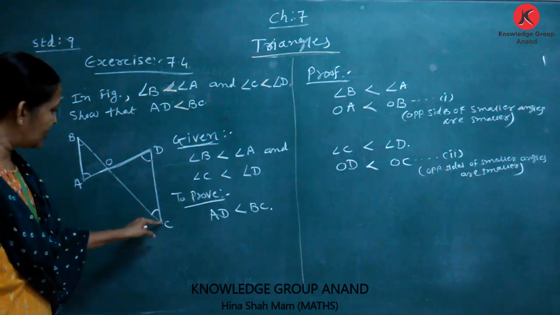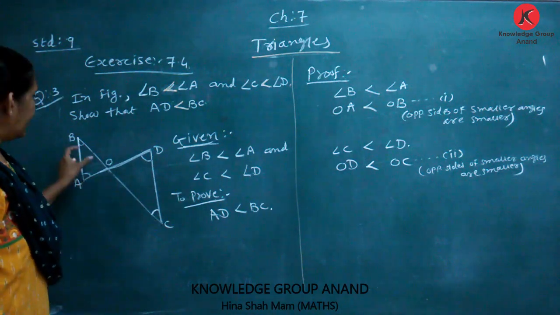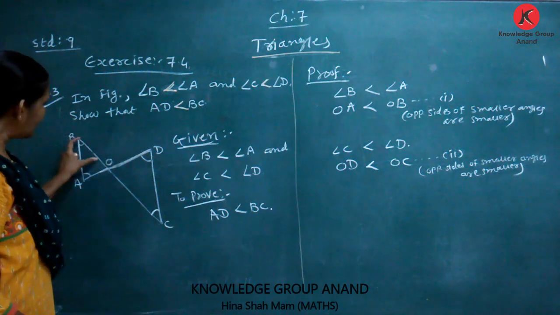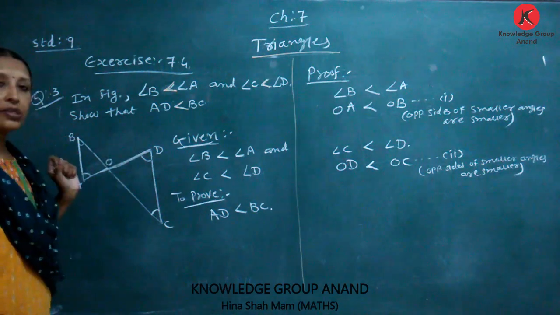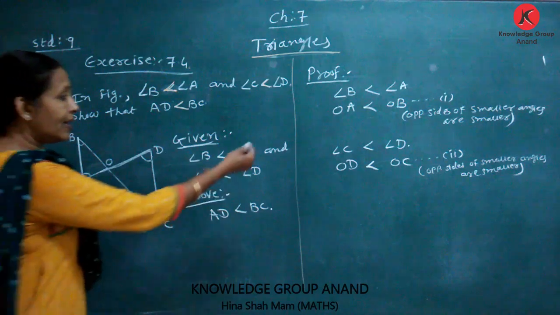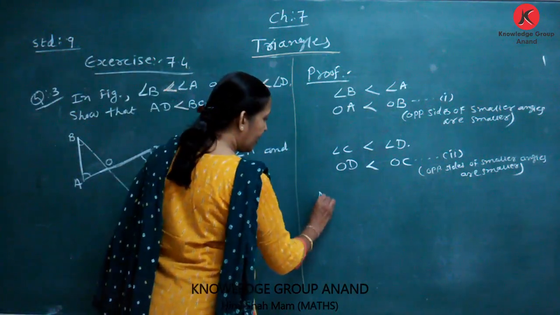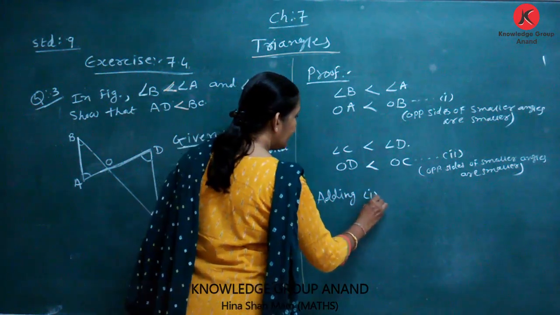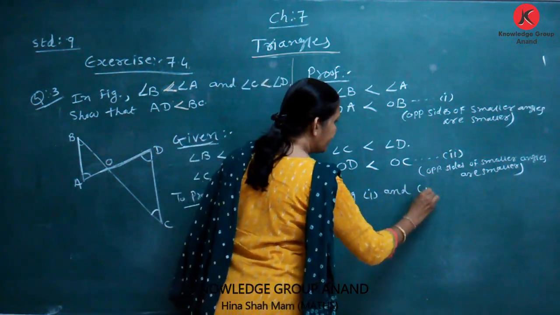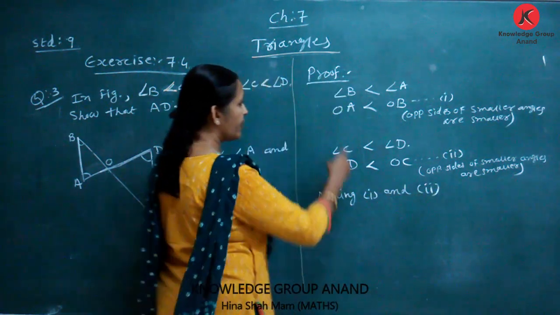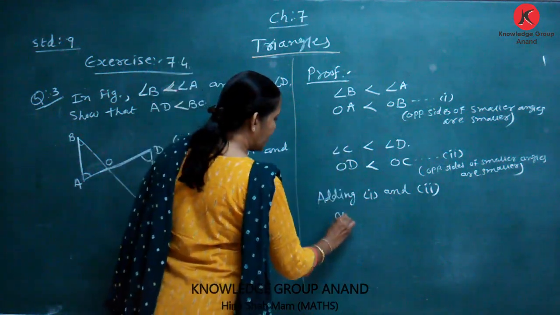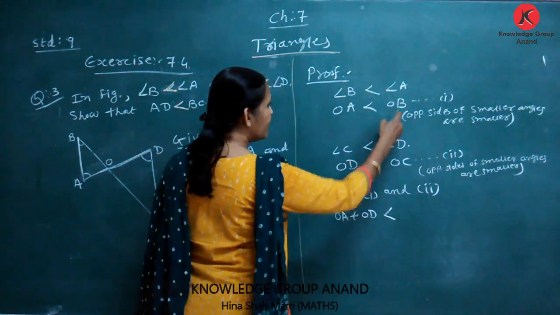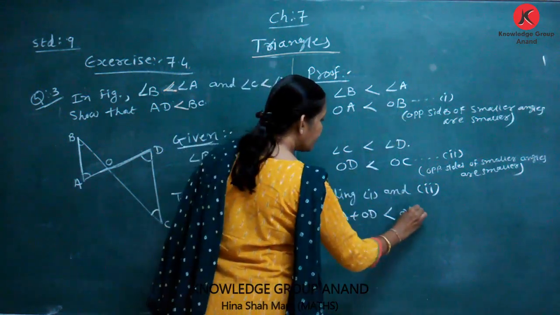AD is equal to OA plus OD and BC is equal to OB plus OC. Then we add 1 and 2. OA plus OD is less than OB plus OC.